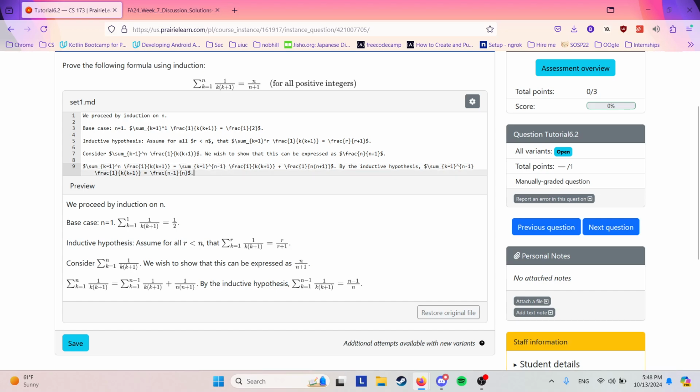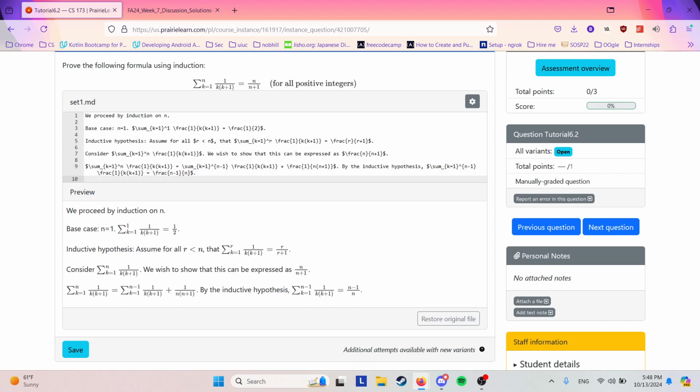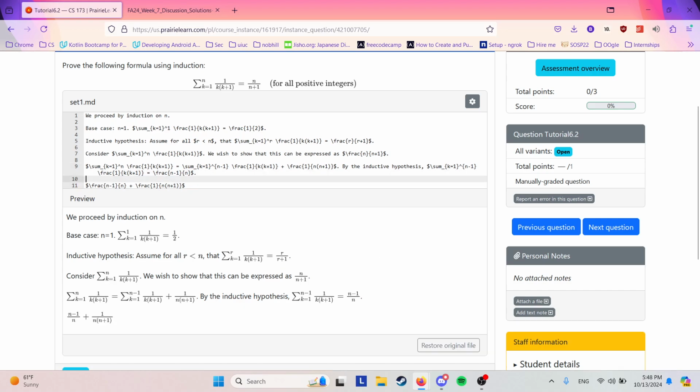So now, plugging that back into our original sum, what we're trying to find is the sum of (n minus 1) over n and 1 over n times (n plus 1). And I should put this on a new line, I think.